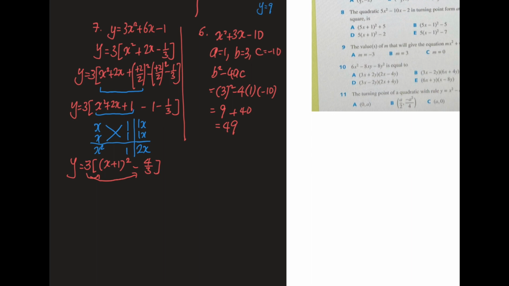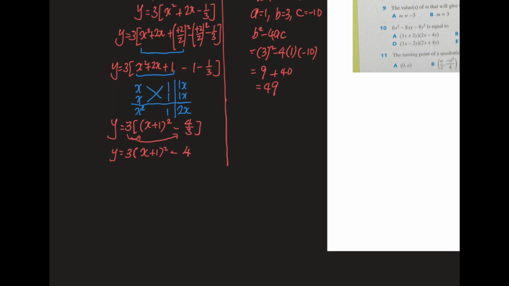Then at the end we expand 3 with this and 3 with this. Then we get y equal to 3 times x plus 1 squared minus 4. So we get the factorization, I mean the completing the square.